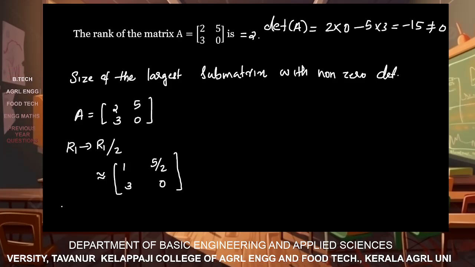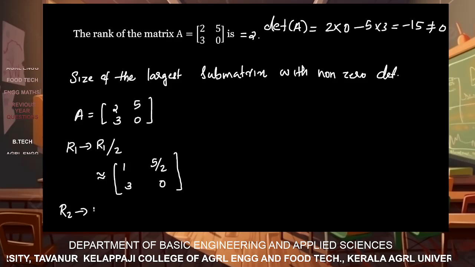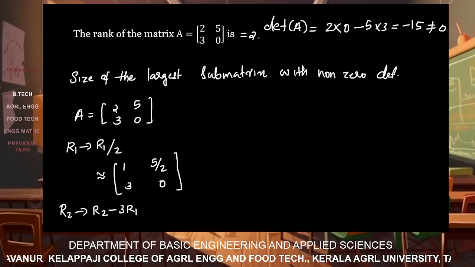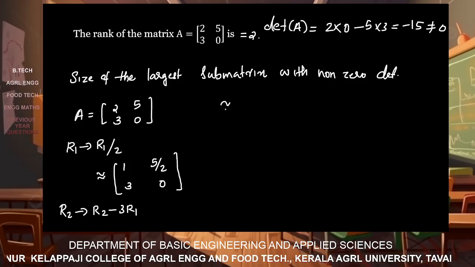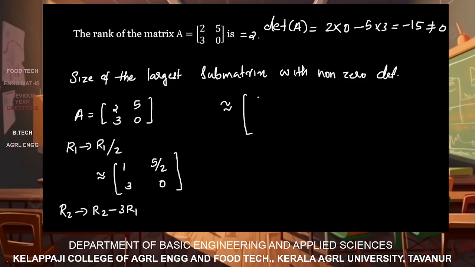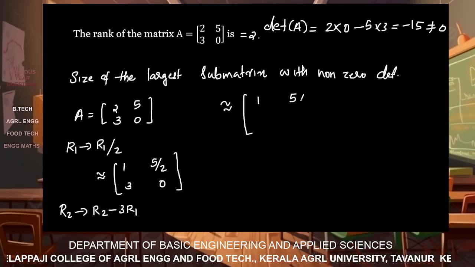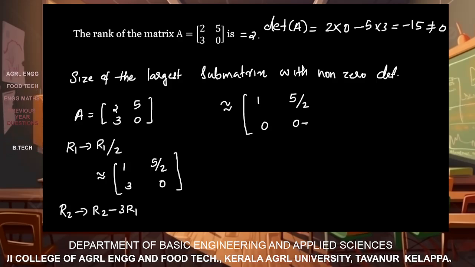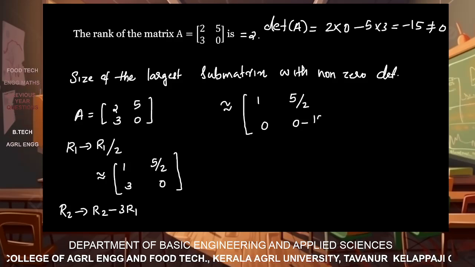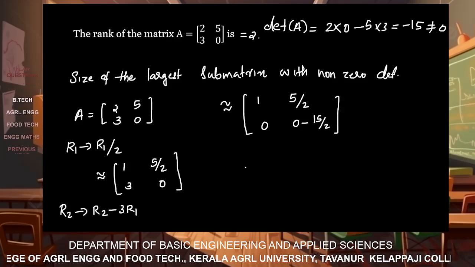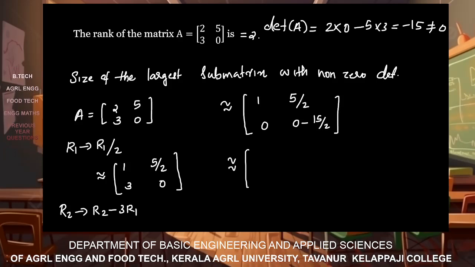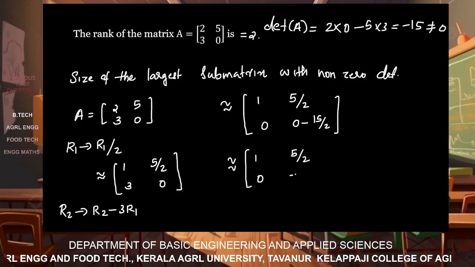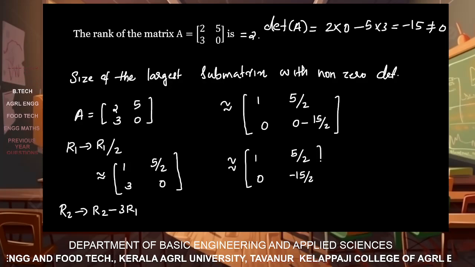We change R2 to R2 minus 3R1. There is no change for the first row, 1, 5 by 2. This becomes 0, and here we get 0 minus 15 by 2. That is 1, 5 by 2, 0, minus 15 by 2.